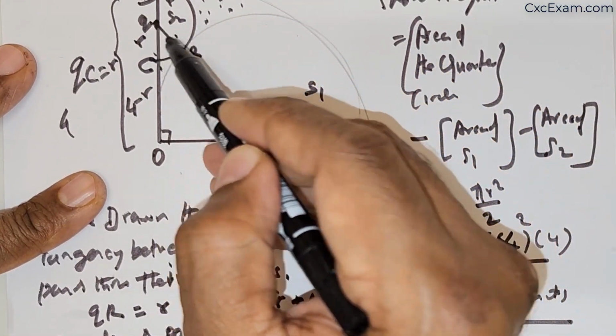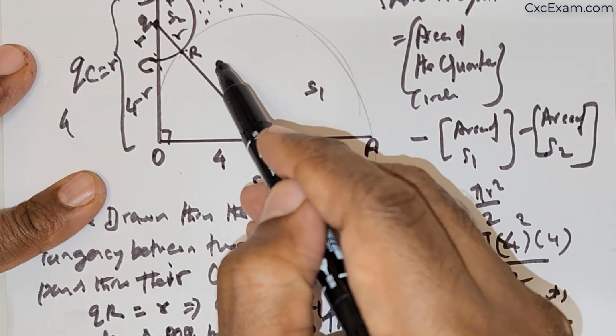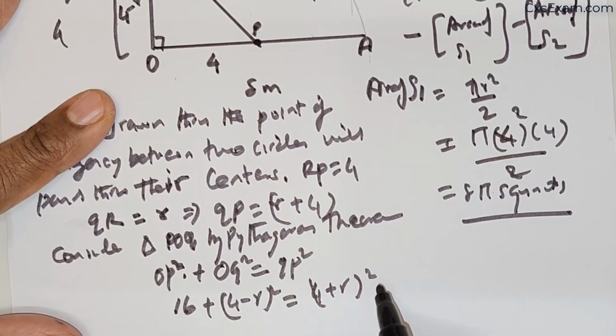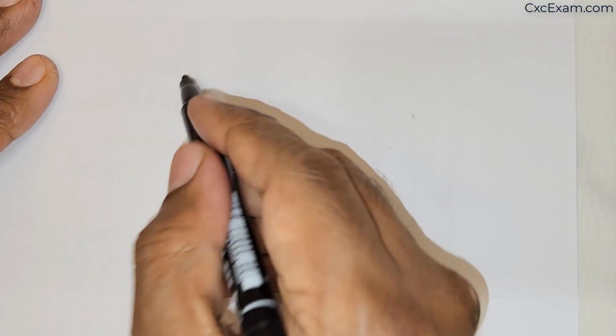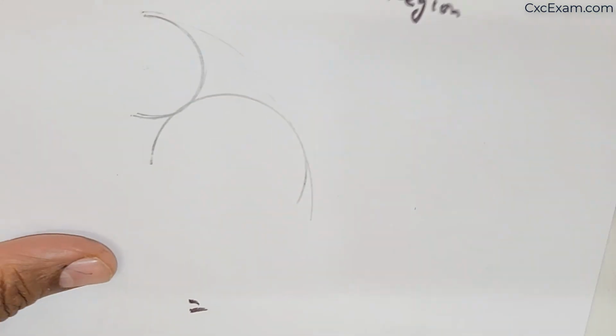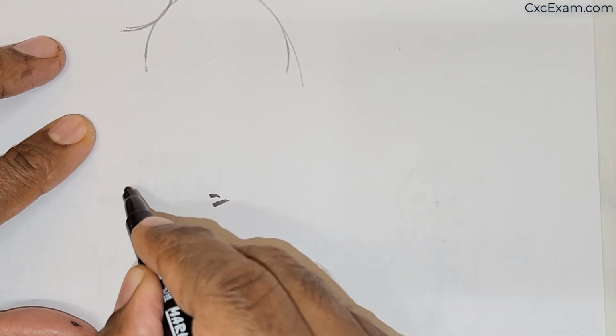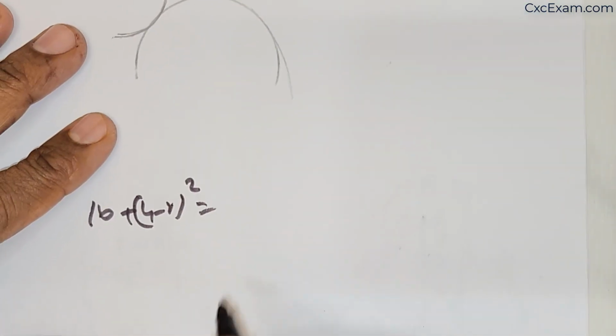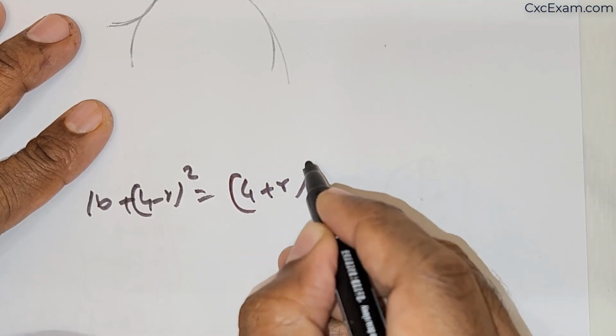This length is r, this distance is r, this distance is 4 plus r. 4 plus r squared. So I need to expand this. So 16 plus (4 minus r) squared is equal to (4 plus r) squared.